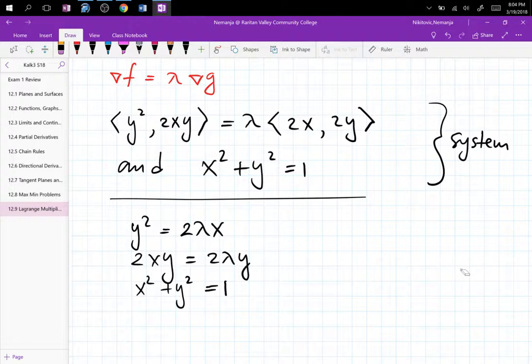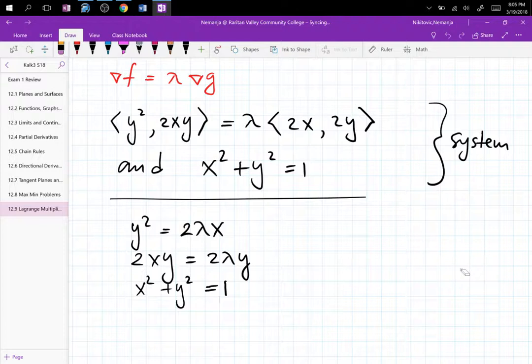So you compare the first spots times lambda and the second spots times lambda. That's the second equation. If there's a third spot times lambda, that's the third equation, and then this equation. And there we go. Calculus over. Time to do some algebra.